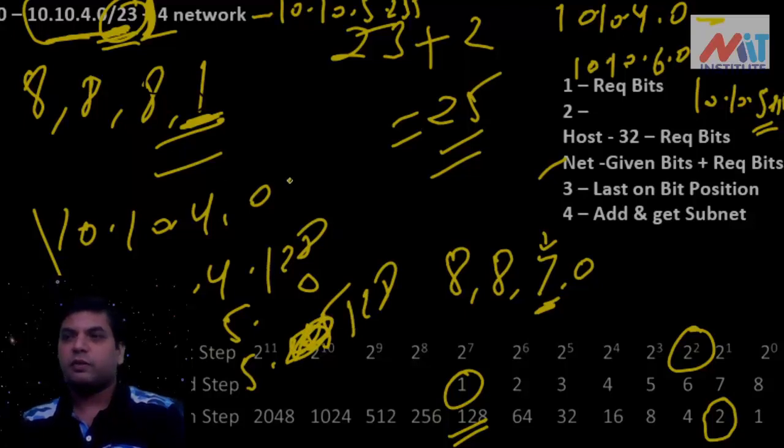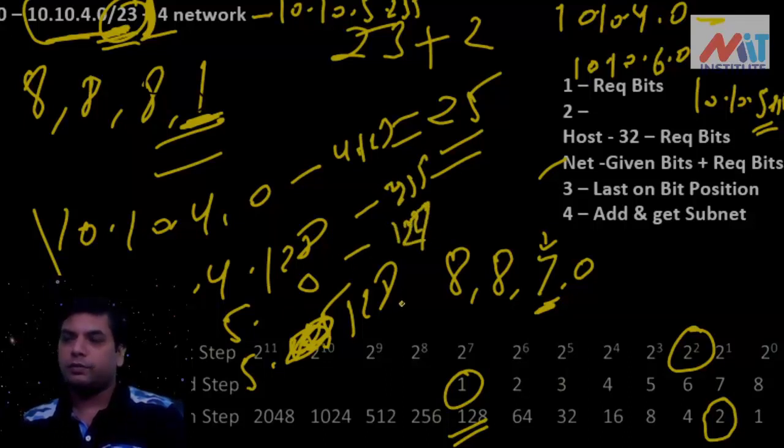So the first network is from 4.0 to 4.127, then 4.128 to 4.255, and 5.0 to 5.127, and 5.128 to 5.255. So in this network you will get these 4 subnets.